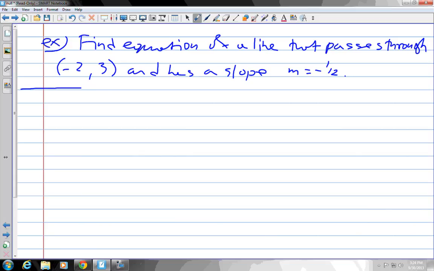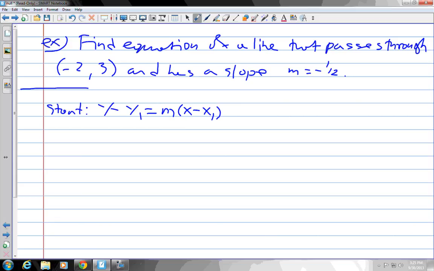And this is how I like doing these problems. I like to start with the point-slope form. y minus y1 equals m times x minus x1. Because then x1 and y1 are given to us. That's the point. And the slope is given to us.